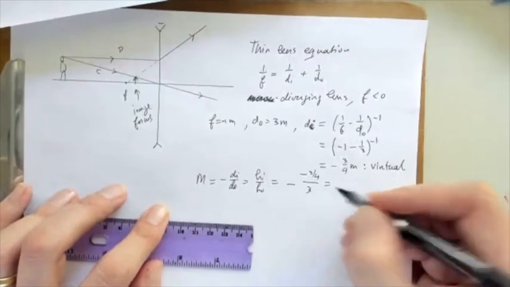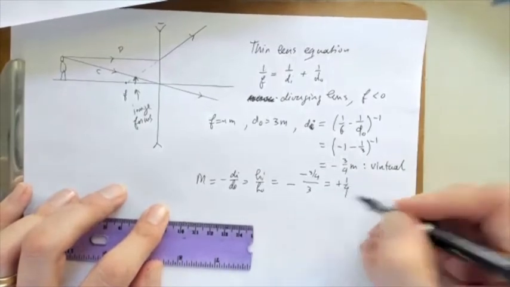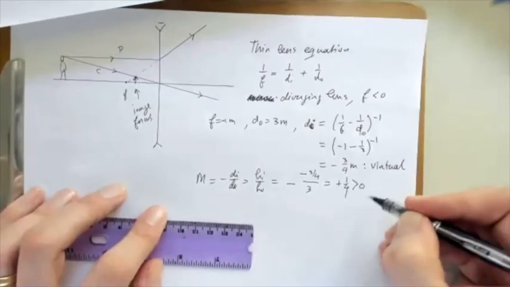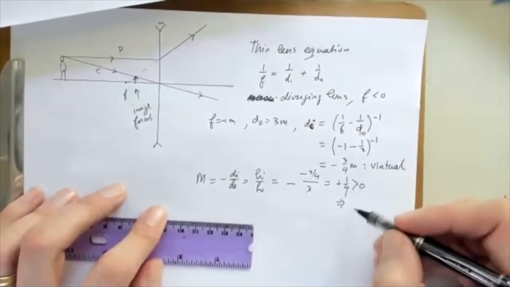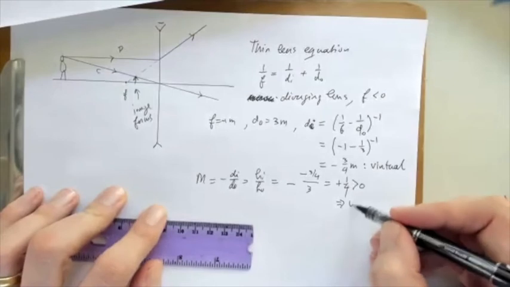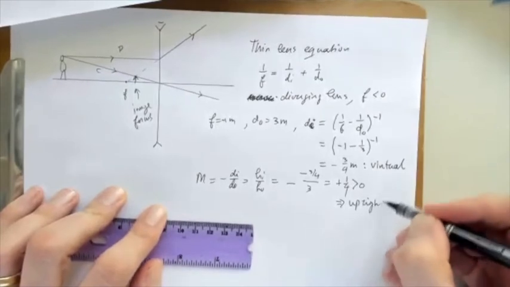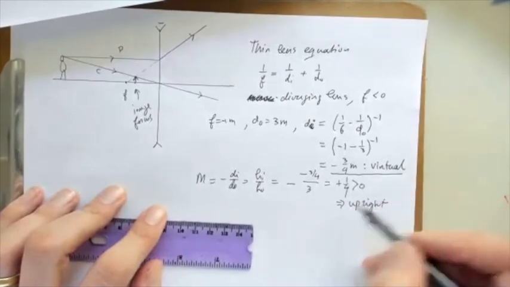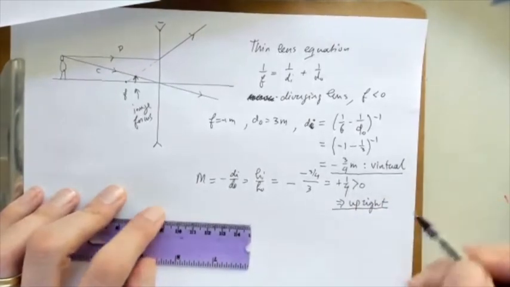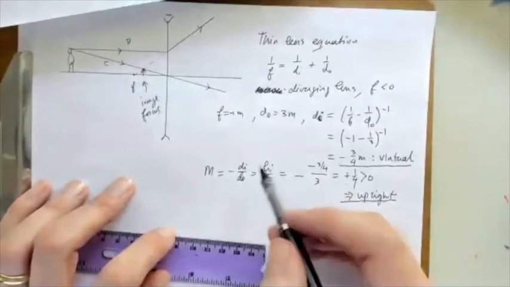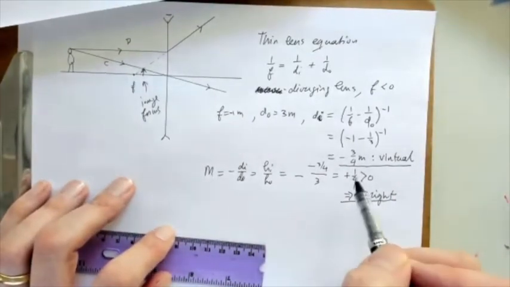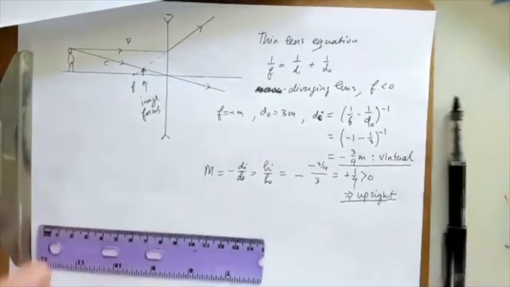Yeah, 3 meters. So that's plus 1/4. This is greater than 0, so therefore it is upright. So this one's negative, and this one's positive. And if the object is 2 meters, then the image is about 1/4 of that.